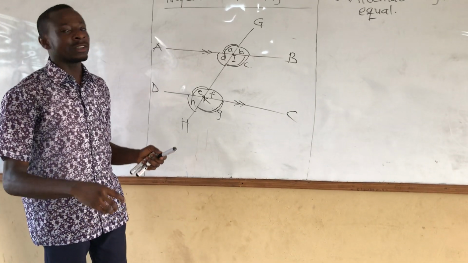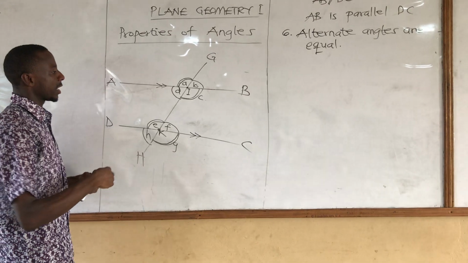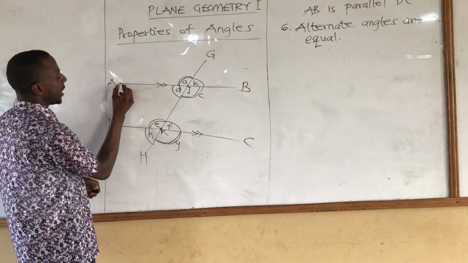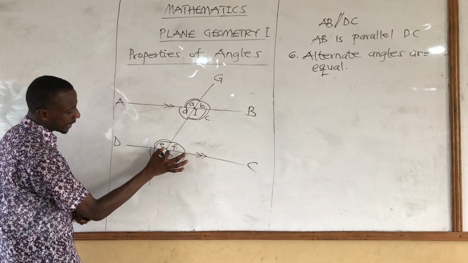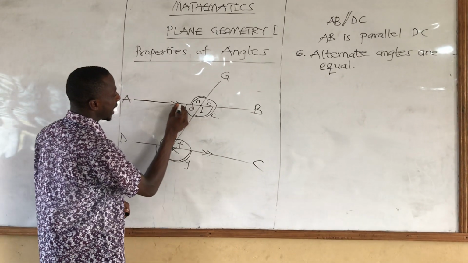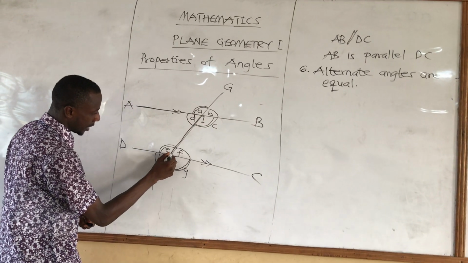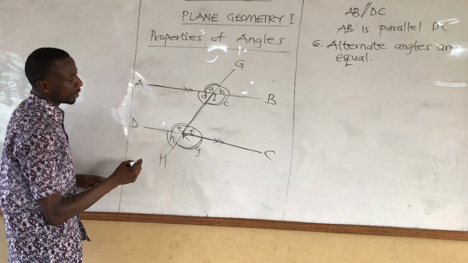Alternate angles is where we get a shape like the Z. From here, we move from A to point I, to point K, to point C. So it forms a Z like this way, and then that way. We can see the Z shape.